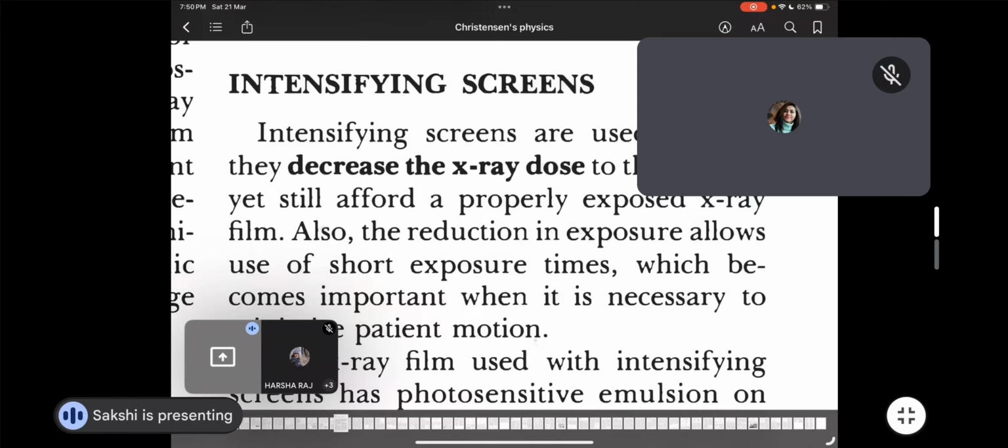So just write down what an intensifying screen is and answer it in your own language.